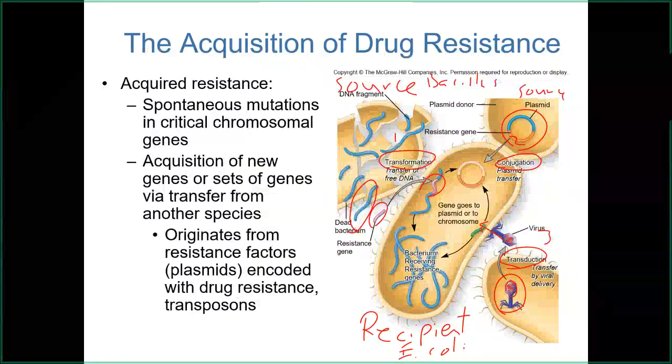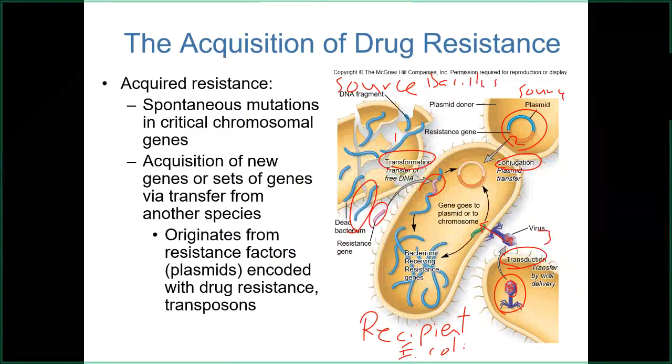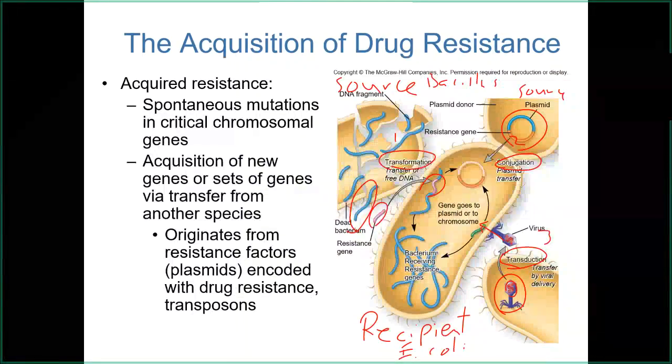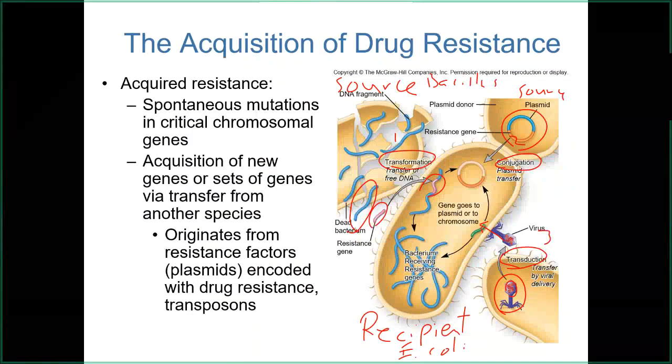So if this goes in and becomes a prophage, if lysogeny happens, then this bacterium is going to be able to live, even though it's been virally infected, and it'll be resistant to an antibiotic. Okay, so those are all different paths through which antibiotic resistance can be acquired.